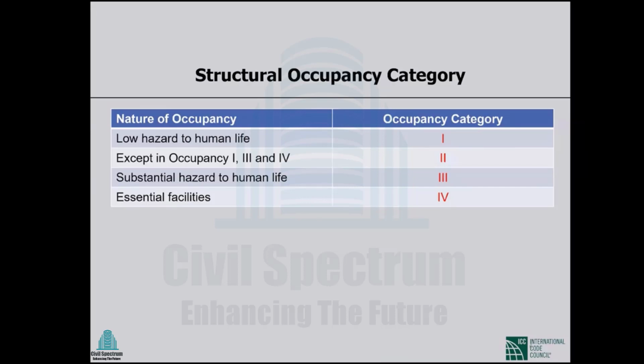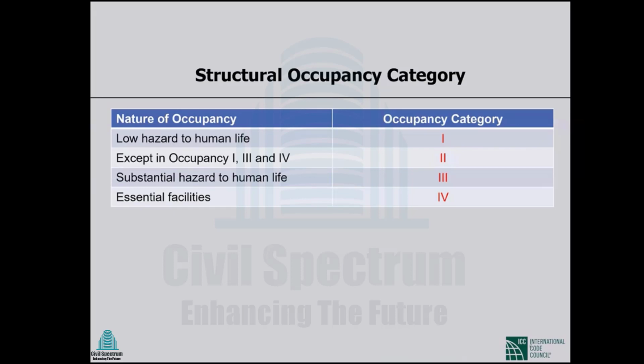Fourth category are essential facilities. That is, in the event of a disaster, like if an earthquake happens or if a flood disaster happens, the buildings that we need to be operational for the purpose of emergency response.